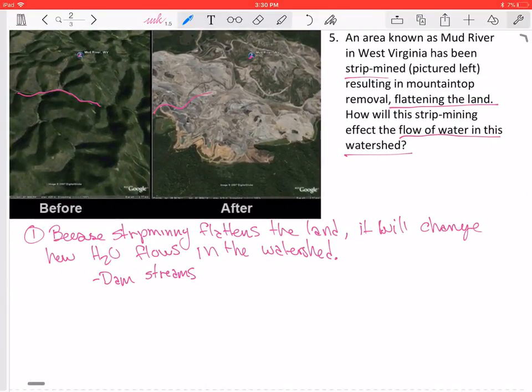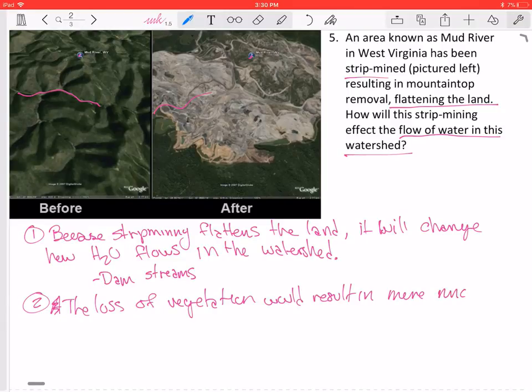The second answer that I said could have been accepted would be that the loss of vegetation would result in more runoff, okay, because the vegetation would not absorb the precipitation.